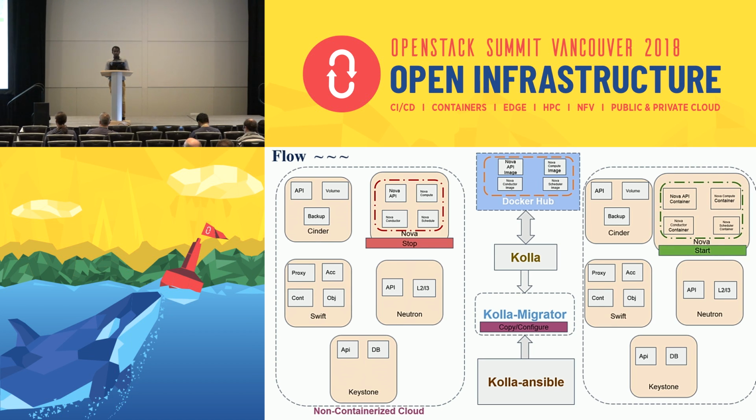Once the copy and configuration for Nova are successfully done with Kolla Migrator, we can start the Nova container on the migrated node. Once the service starts successfully, we will have the containerized cloud.